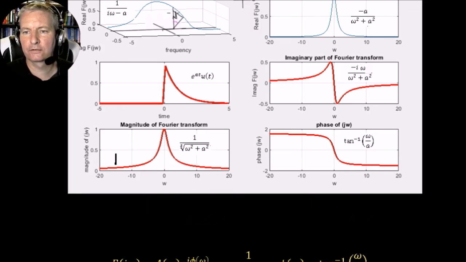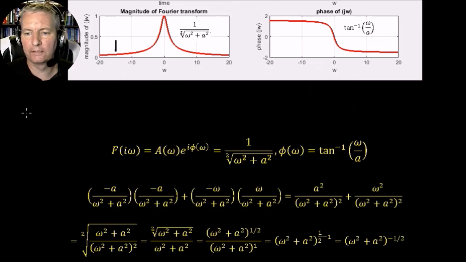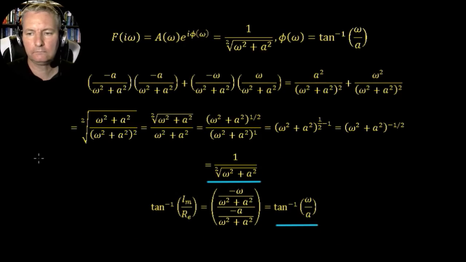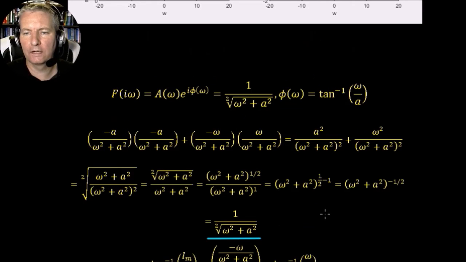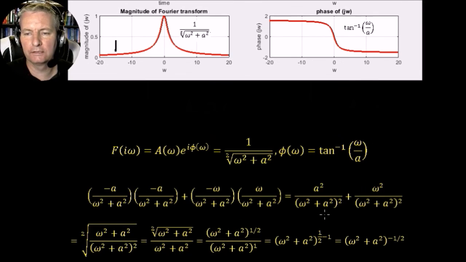So it's inverse tan imaginary upon the real. So let's go ahead and we'll calculate that. Well, the imaginary is minus omega upon omega squared plus a squared, and the real is minus a upon omega squared plus a squared. So these cancel out, the negatives cancel out, and we inverse tan omega upon a.